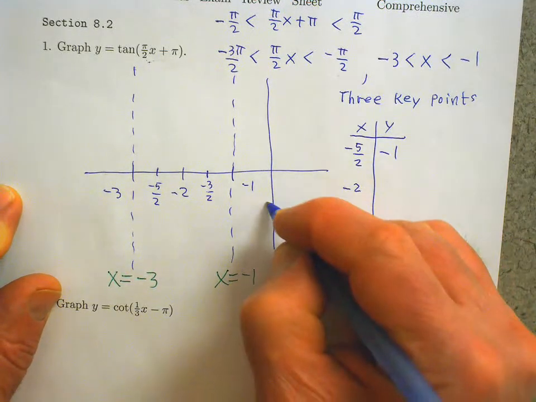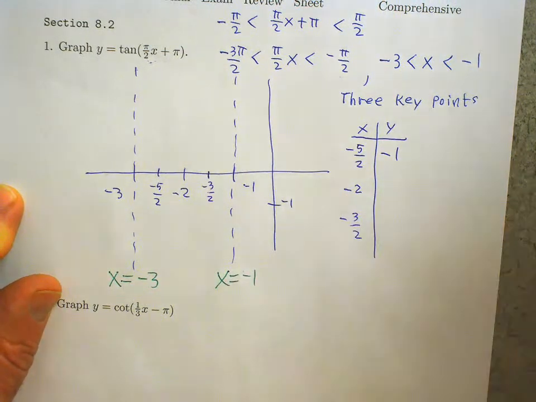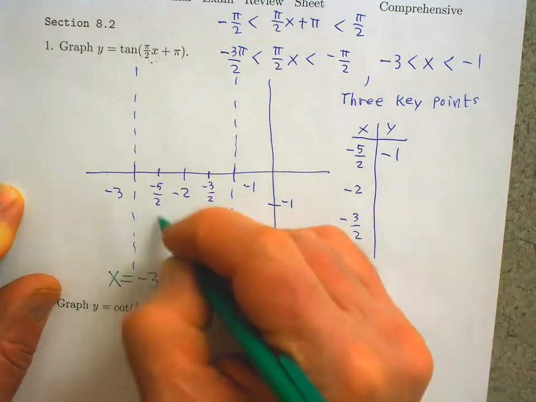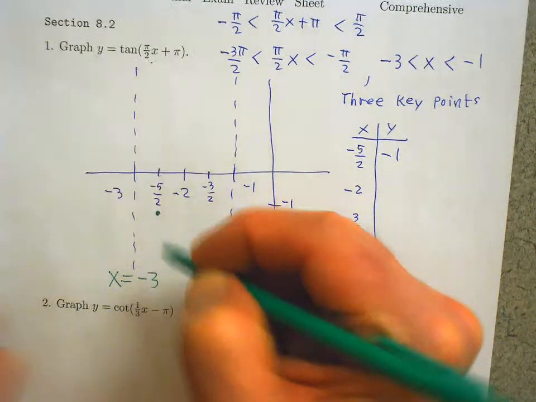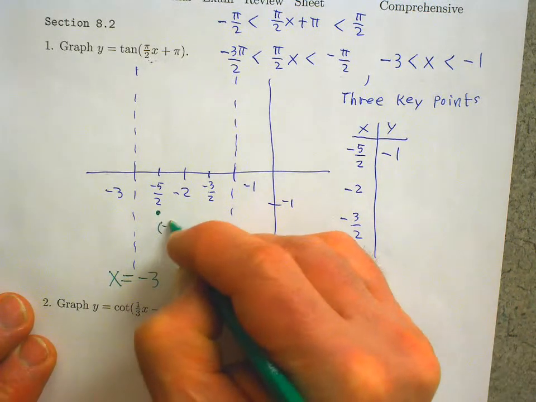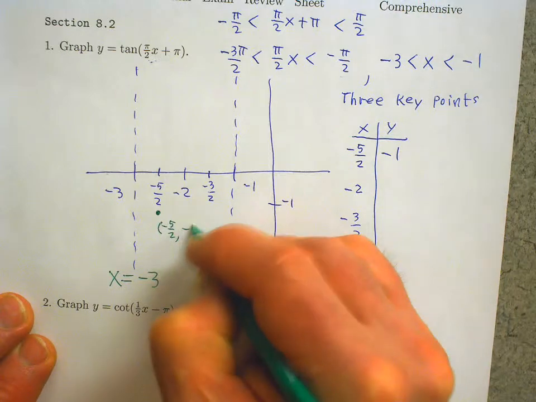Okay, so if this is negative 1, then we have this point on the graph, negative 5 halves, negative 1.